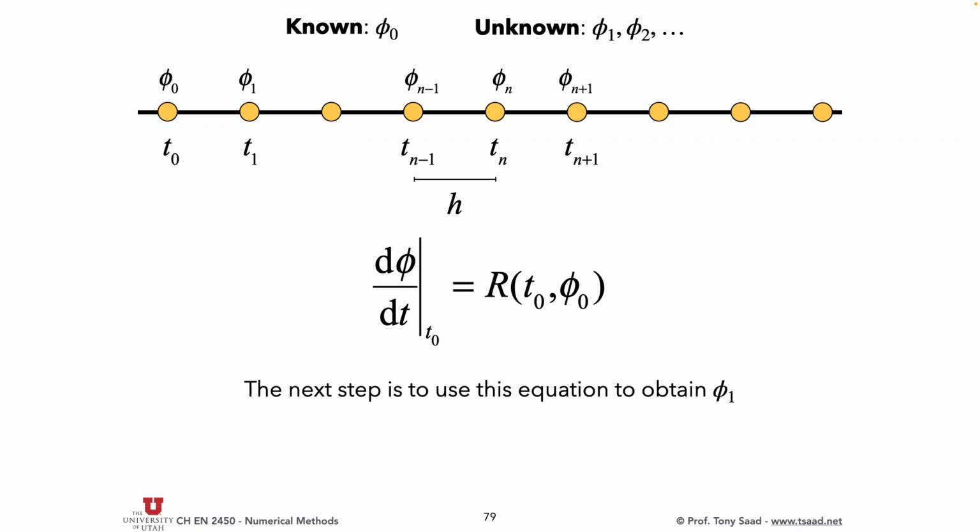So how would that look in this case? Do you remember? You would put the derivative, and then how can I express that in terms of phi1? So phi1 is equal to... what is the derivative in terms of... you are correct. So what is the derivative? It's f of t0, phi0 times the delta t, h, plus phi0.